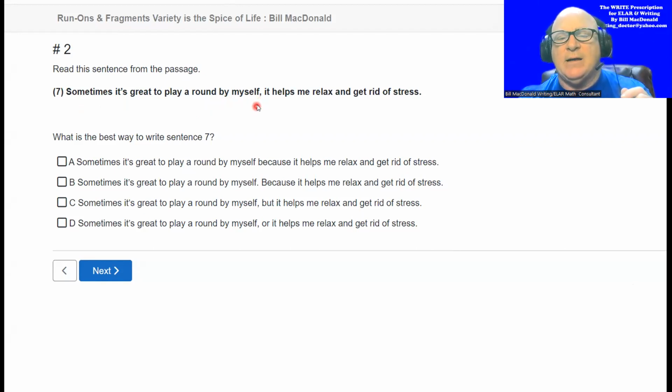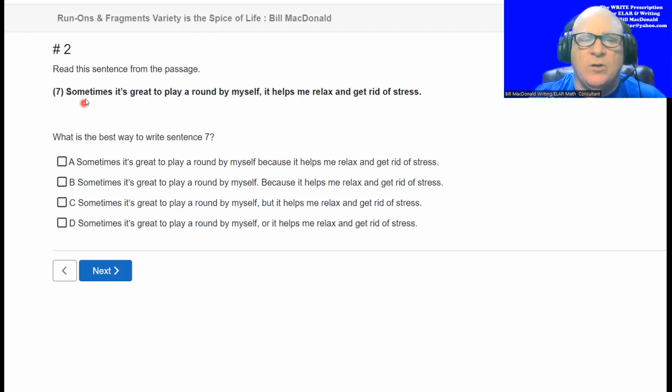It helps me relax and get rid of stress. Period, a longer bounce. So the period is that red stop sign at the end. So if I count the words, 1, 2, 3, 4, 5, 6, 7, 8, 9, 10, 11, 12, 13, 14, 15, 16, 17, 18. Okay.